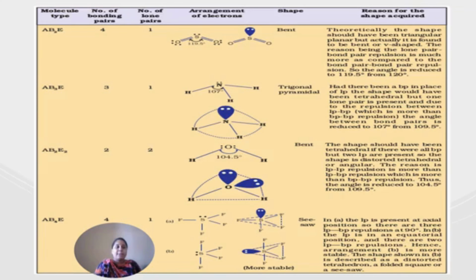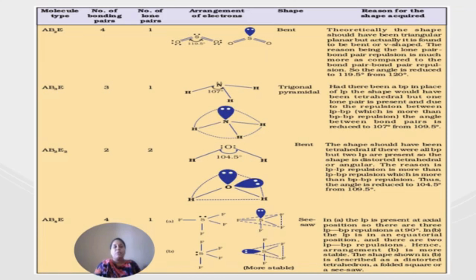The next is AB2E2. It is a bent shape, due to the lone pair repulsion being more than the bond pair repulsion. So the angle is reduced to 104.5 degrees from 109.5 degrees.